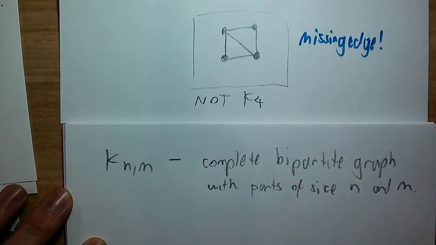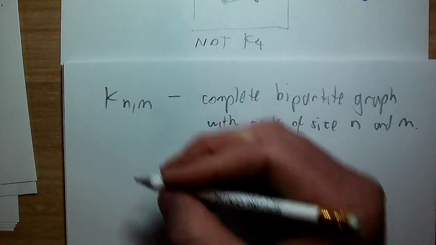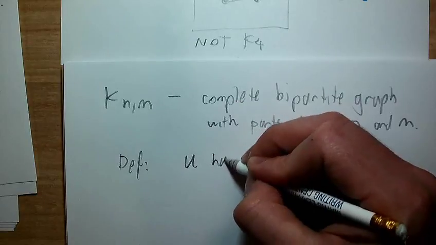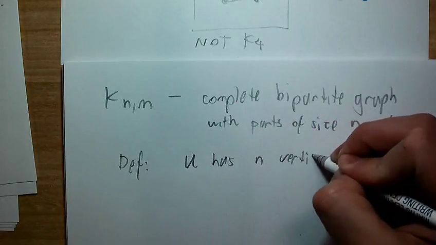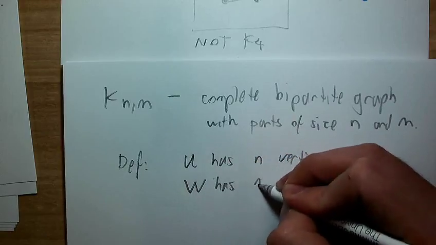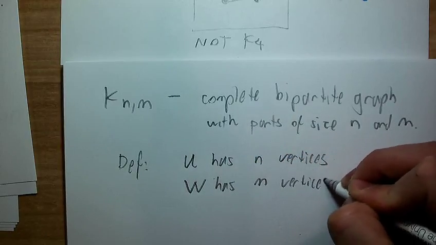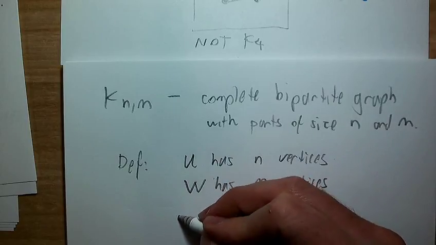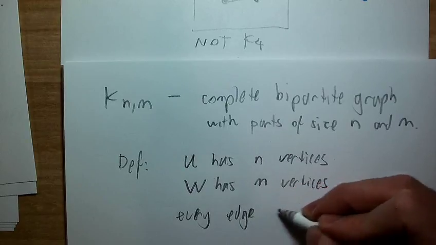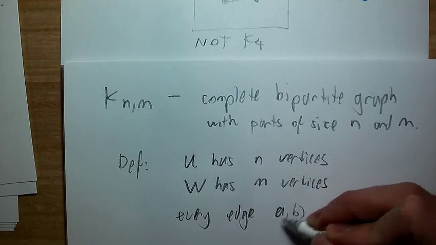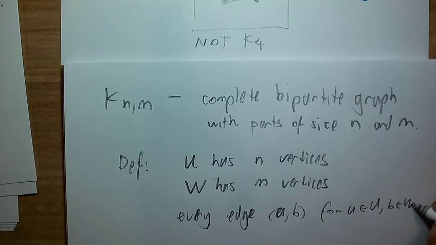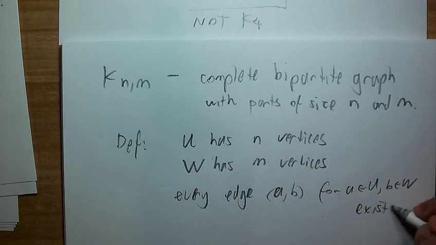So what that means is that the definition is that U has n vertices, W has m vertices, and every edge ab for a in U and b in W exists, basically.